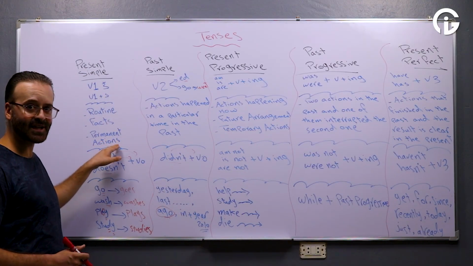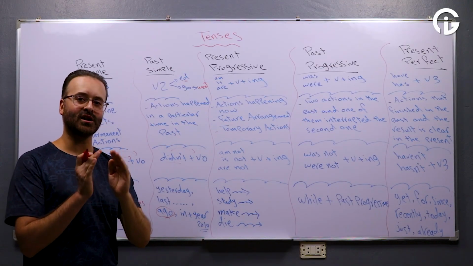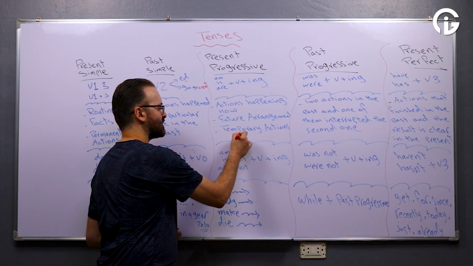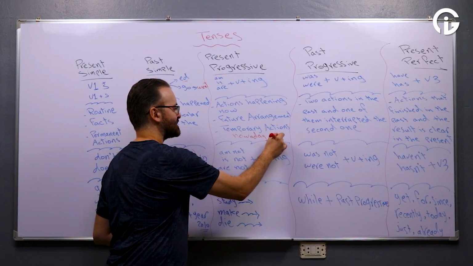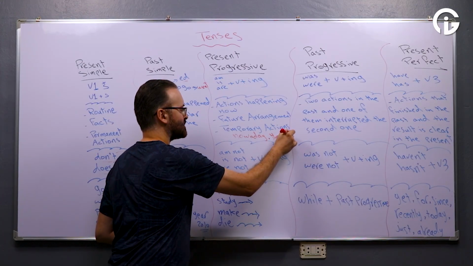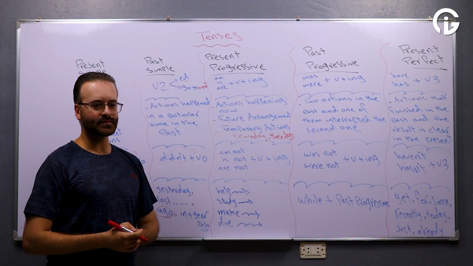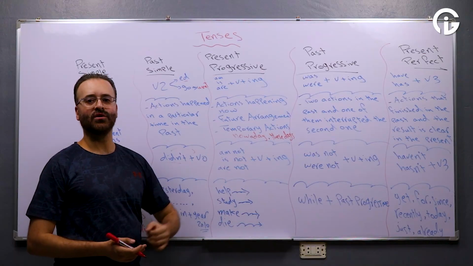The last use of present progressive is temporary actions. Here we have permanent actions, and here we have temporary actions. For example, we can use nowadays or these days. For example, we are building a new house nowadays or these days.